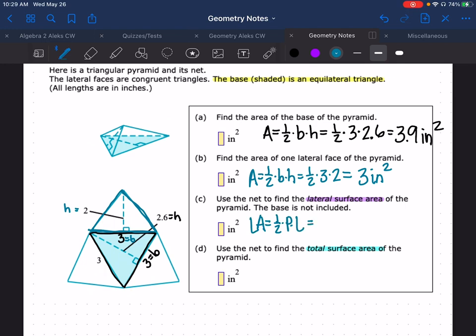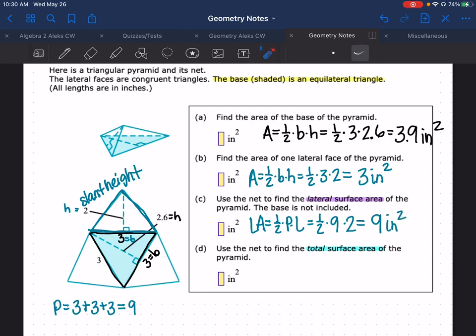Well, the perimeter that they're talking about is the perimeter of the base, 3 plus 3 plus 3, which is 9. And the 2 right here that I've labeled as the small h is actually your slant height as well. So it's 1/2 times 9 times 2, which is 9 inches squared.